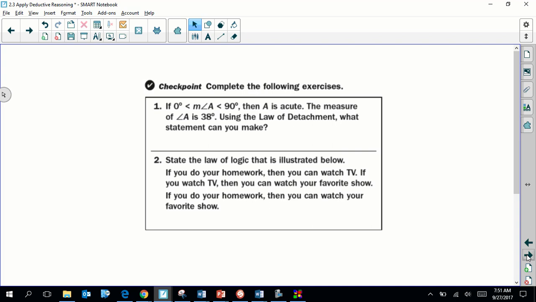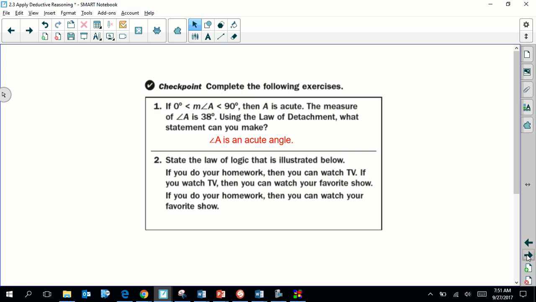Because we have a true hypothesis of the conditional statement, we're able to conclude that the conclusion is also true. So given that angle A is 38 degrees, we can conclude that angle A must be an acute angle.